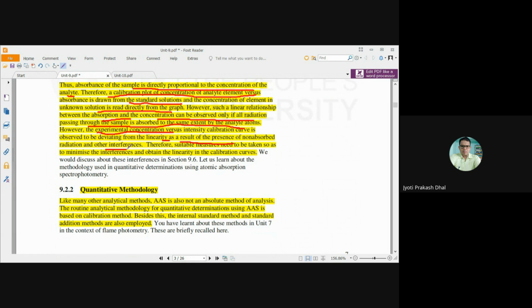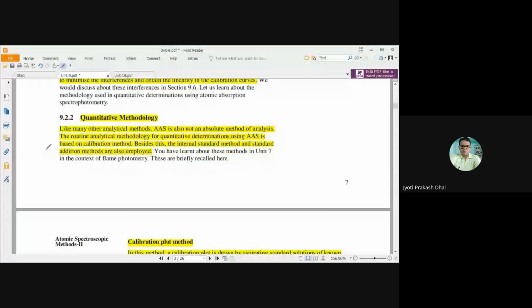So due to the presence of some other interferences or non-absorbed radiation, the intensity of the radiation will not maintain linearity. And next we will discuss the quantitative methodology for atomic absorption spectroscopy.